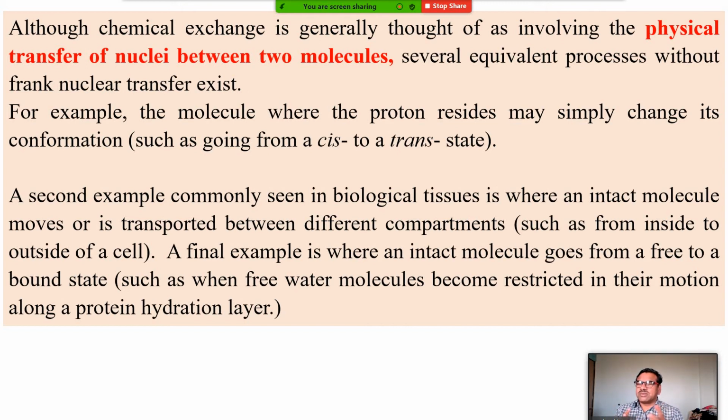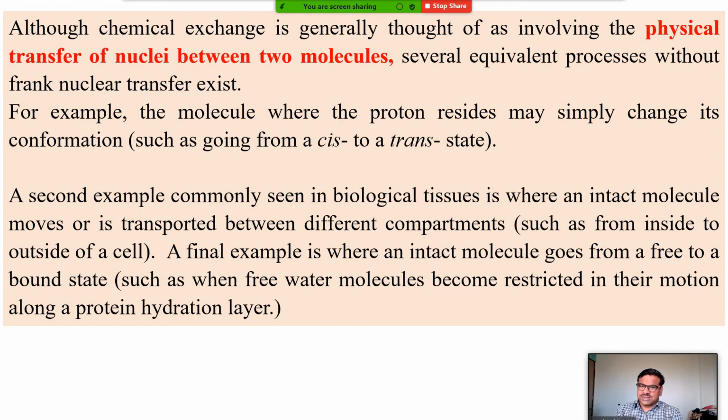Definitely, the proton will change. The proton in one structure, if it is at an equatorial position, when the conformation changes from cis to trans, the equatorial proton moves to the axial position, and the axial proton moves to the equatorial position. So by that way, the hydrogen exchange will take place. So this is very important.